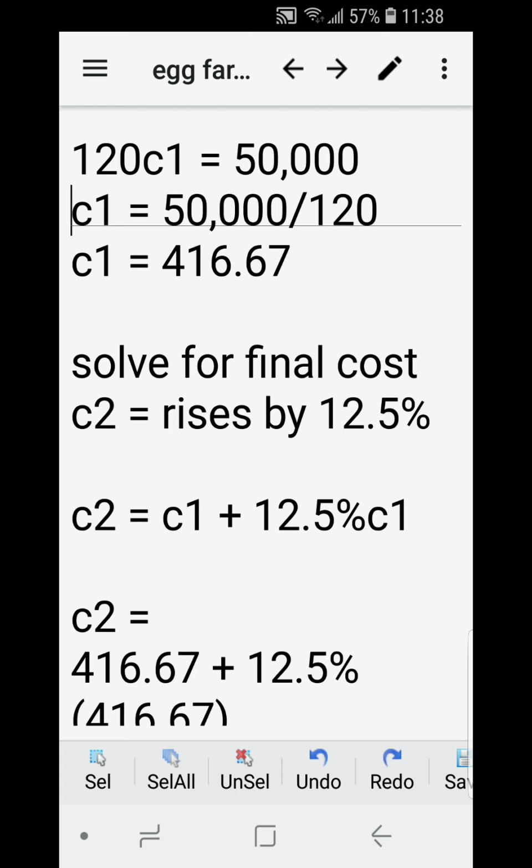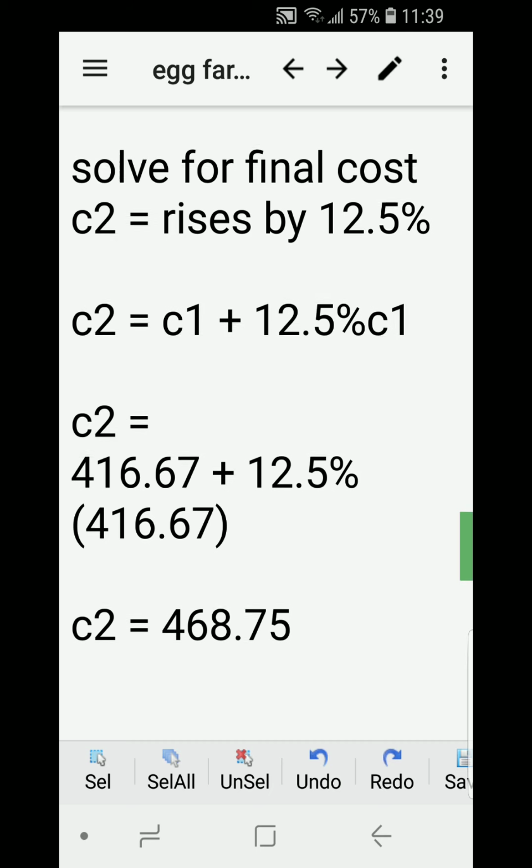This is the cost after a rise of 12.5%. So we were given a rise of 12.5%, so we solve for C2, the final cost, using the formula C2 is equal to C1 plus 12.5% times C1.